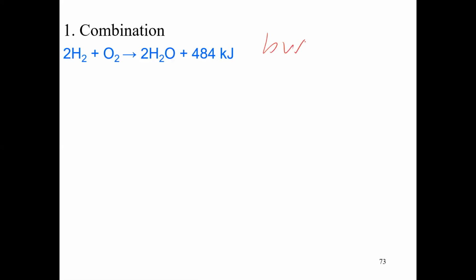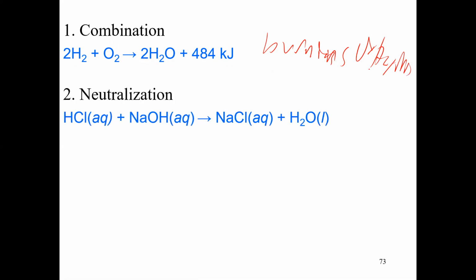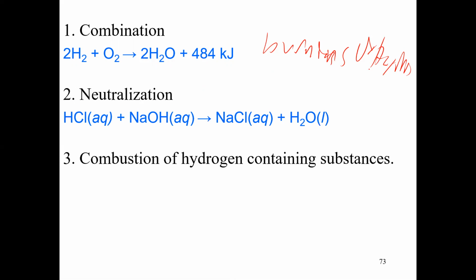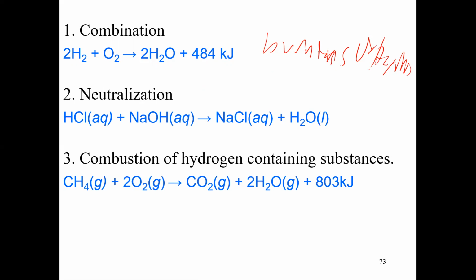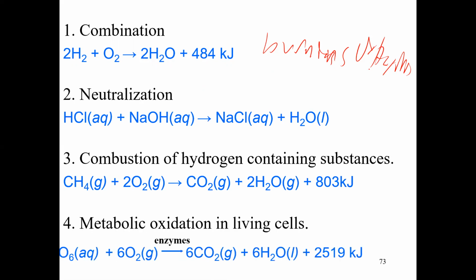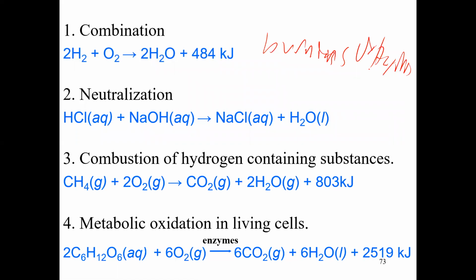This is the burning of hydrogen. In a neutralization reaction, an acid reacts with a base to form liquid water. Combustion of hydrogen-containing substances also leads to water: methane plus oxygen gives carbon dioxide plus water vapor plus heat. And metabolism of oxygen in living cells, essentially with enzymes, gives you water from that too.